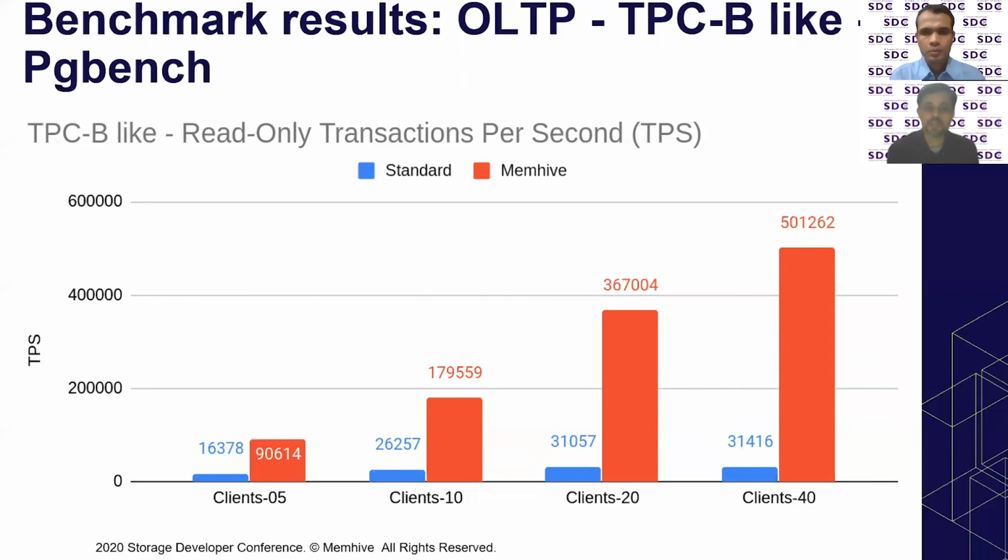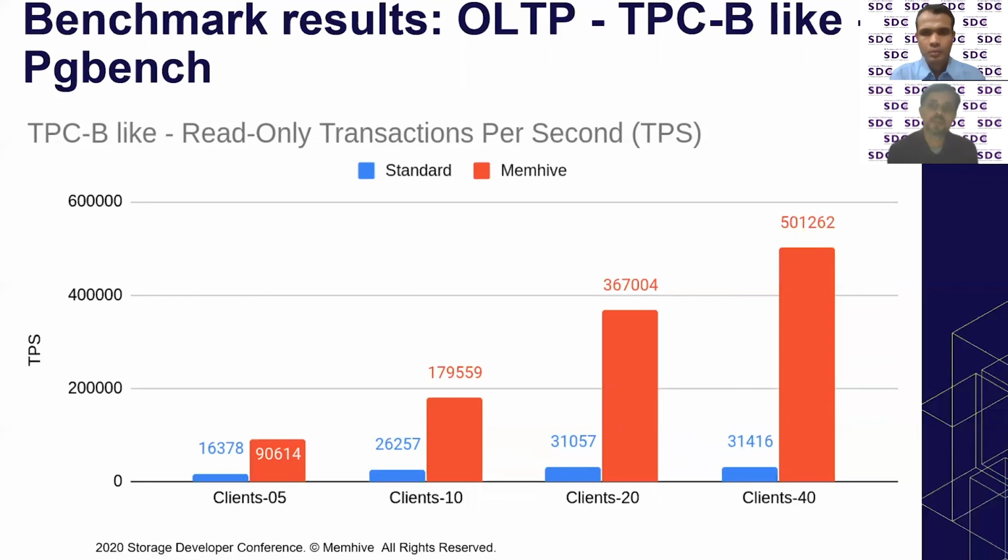On the x-axis, we can see that we have varied the number of clients from 5 to 40. And if you remember, we have used a fixed size database here, which is 350 gigabytes. As we can see, the transactions can keep increasing in the case of MemHive with persistent memory.